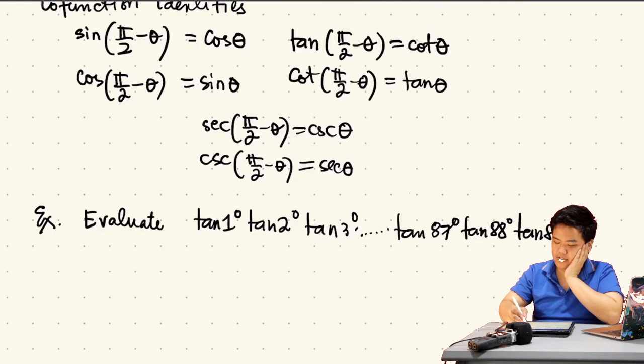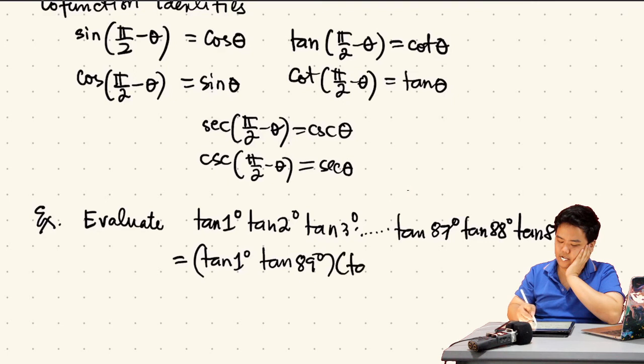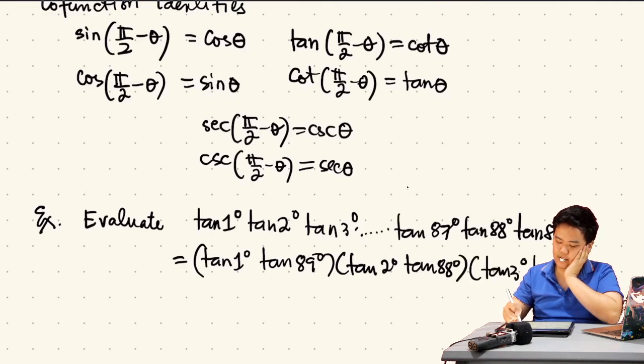So, kung mapapansin nyo, yung mga angle na to, sum 90, 90, 90. So, let's group them together. Tangent 2 degrees, tangent 88 degrees, tangent 3 degrees, tangent 87 degrees, hanggang umabot sa, ano yung gitna?